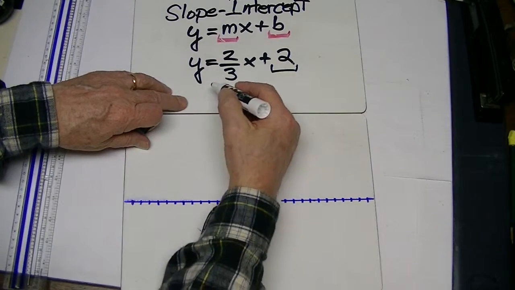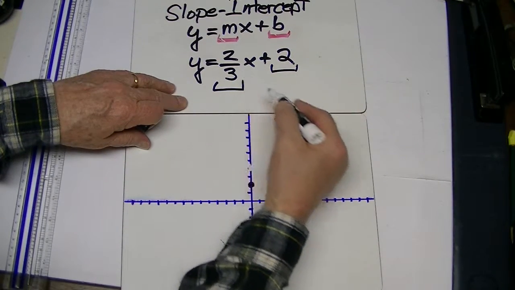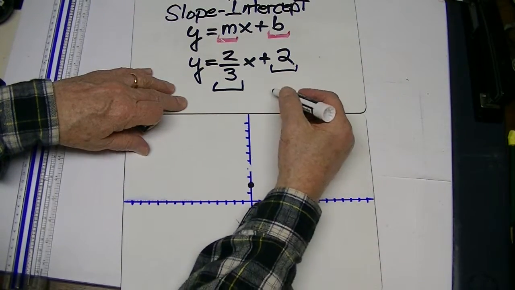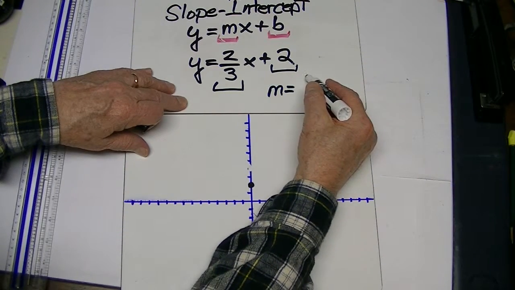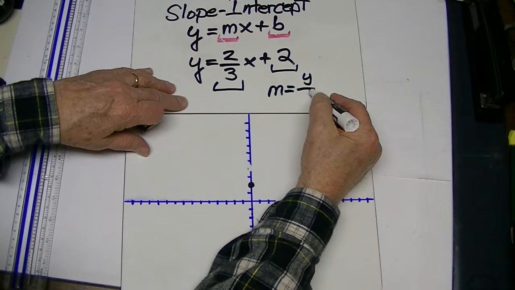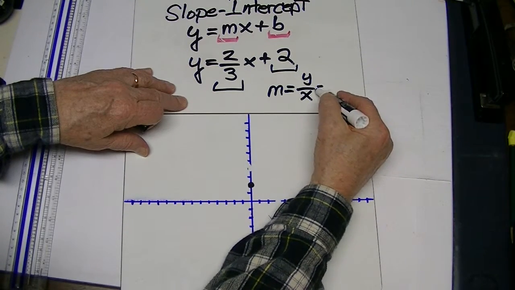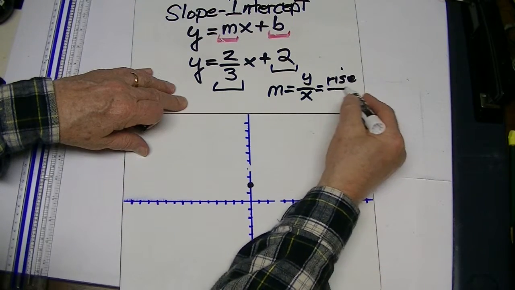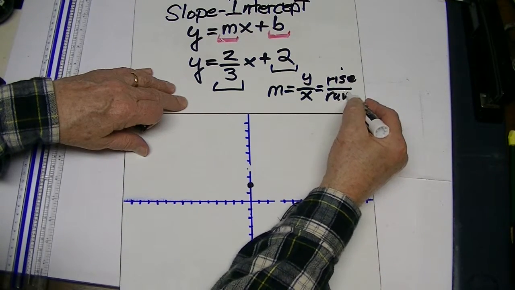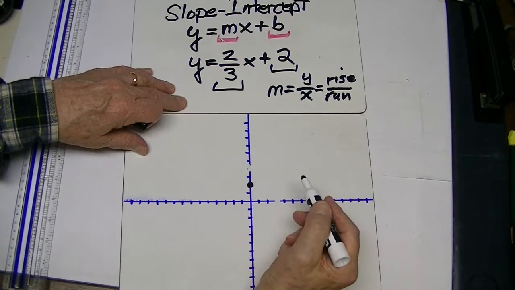Now we want to plot our slope. And we had said slope was a ratio of y units to x units, or rise over run. And there are different techniques for this.